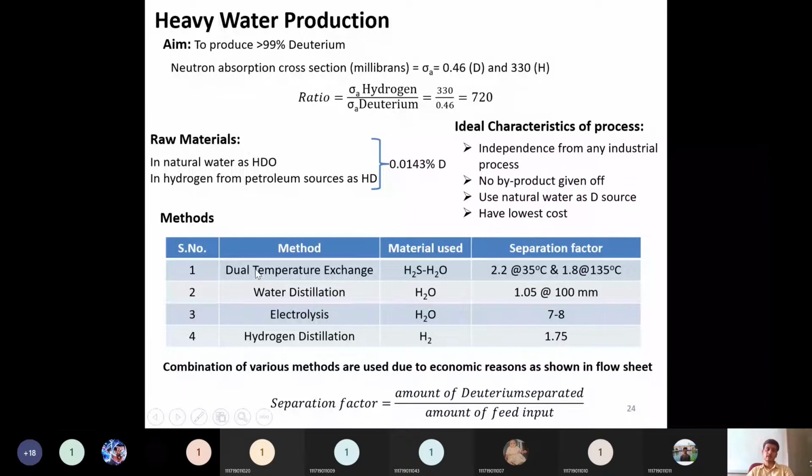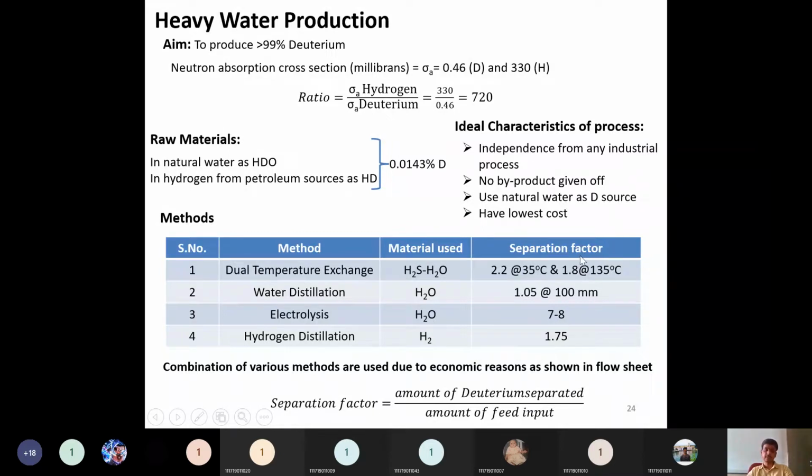What are these four different processes? The first is dual temperature exchange. For this, the materials used are hydrogen sulfide and H2O as the source, and we look at the separation factor, usually denoted by alpha.